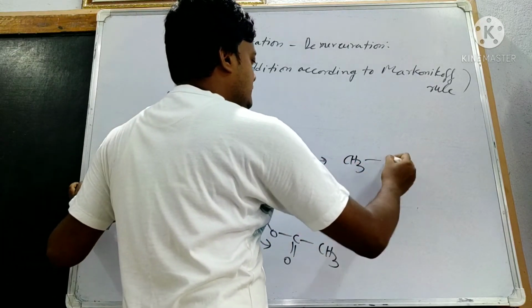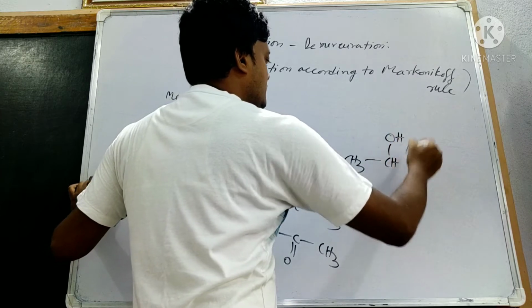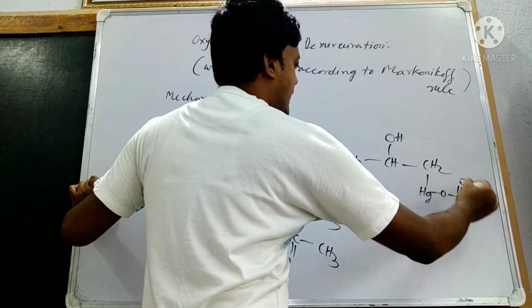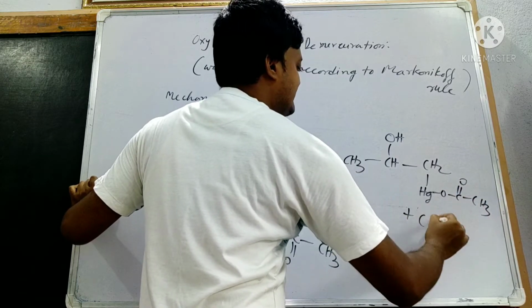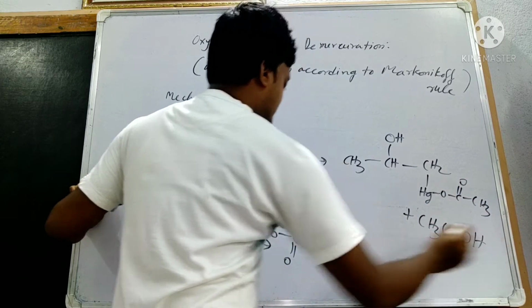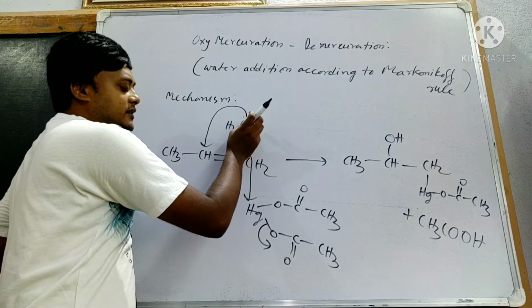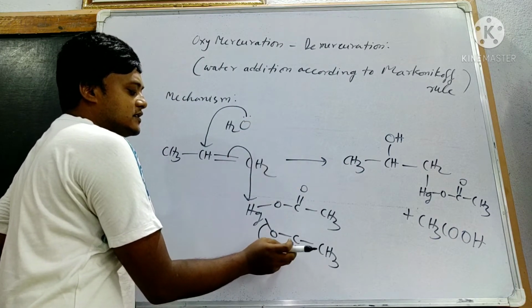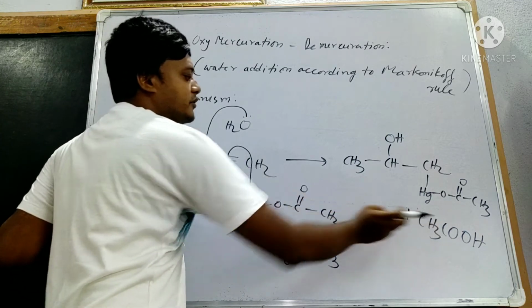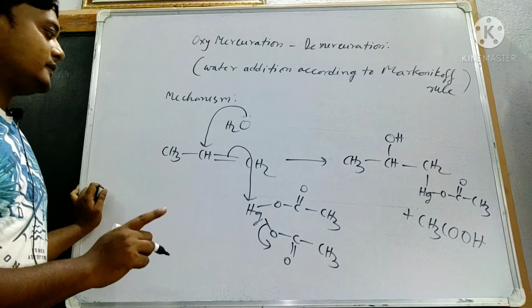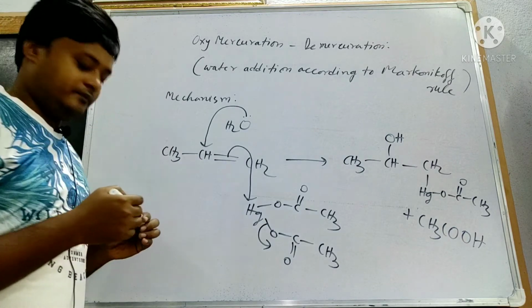Main product, see this one is your main product, and byproduct acetic acid: the acetate and H plus from the water combine to form acetic acid. That is the mechanism of the first step. Now second step.